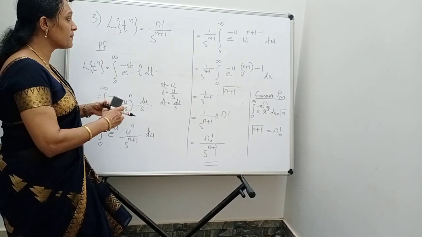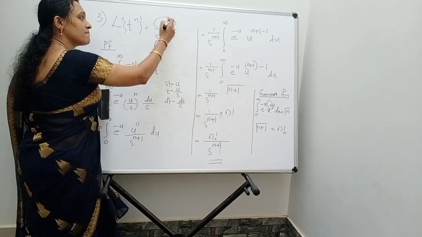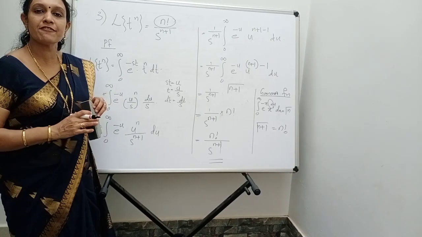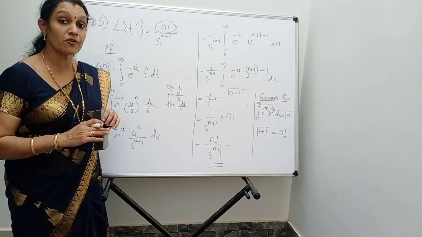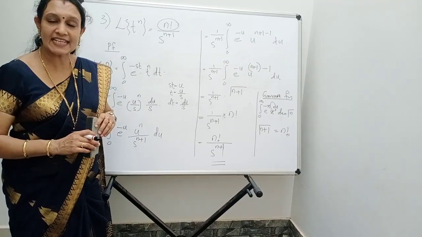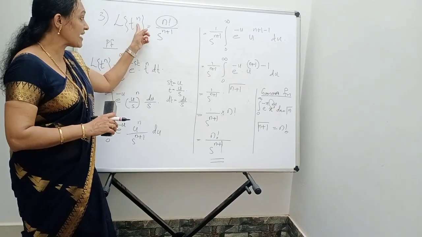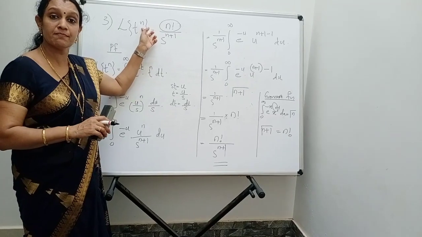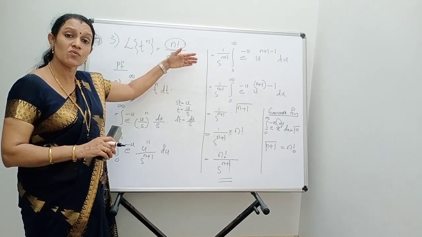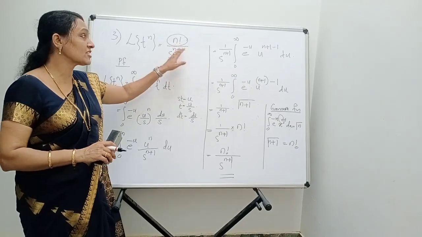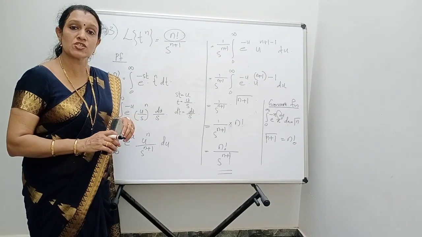But remember, factorial is defined only for natural numbers, not for integers. So only when n is a natural number can you use this result. Otherwise, suppose n is any positive number.